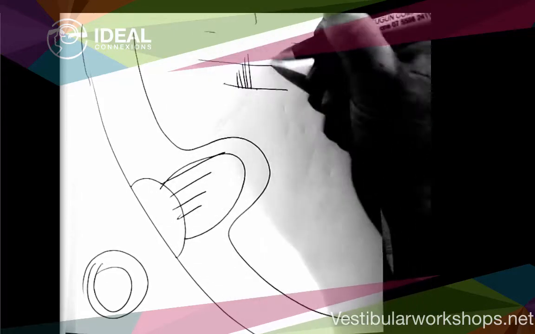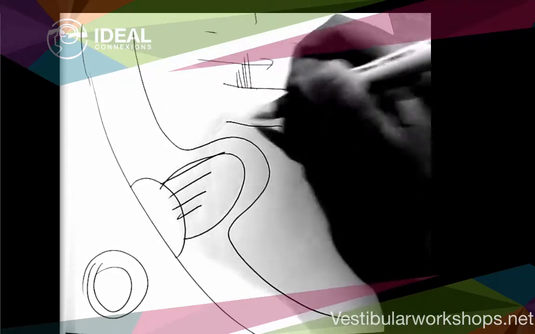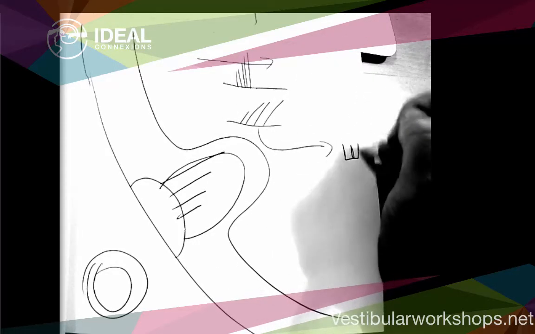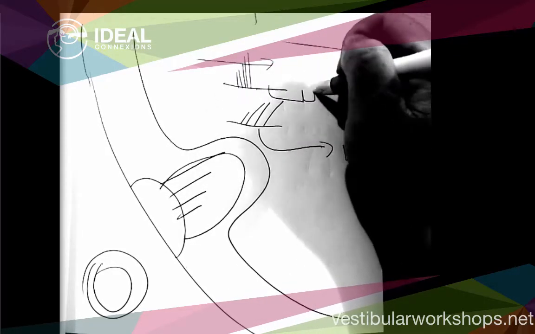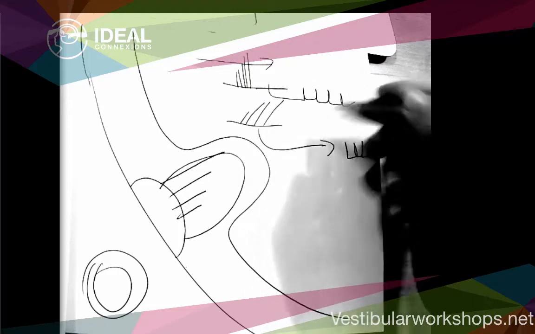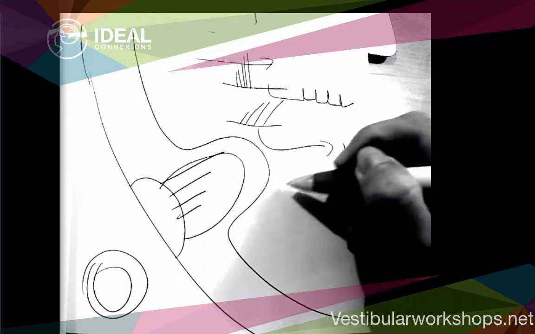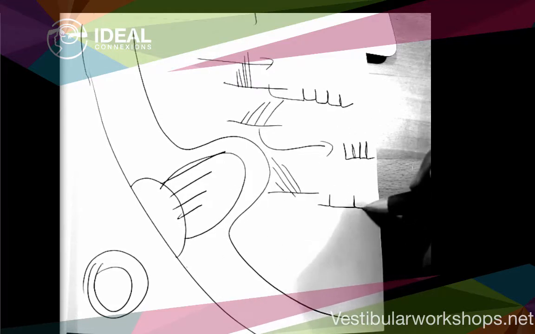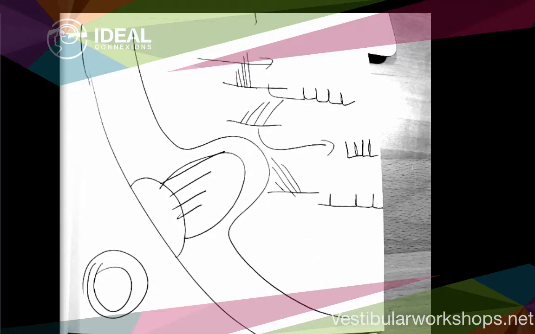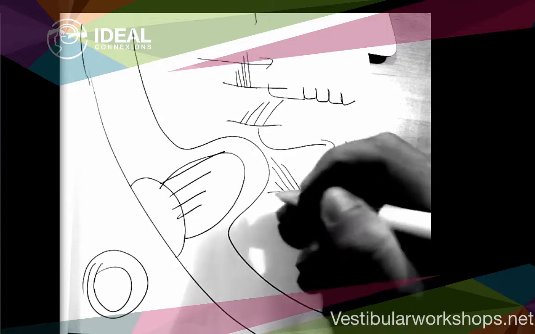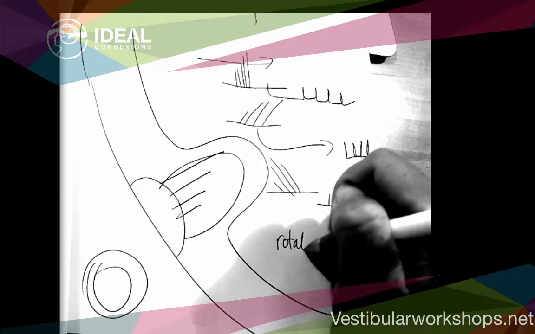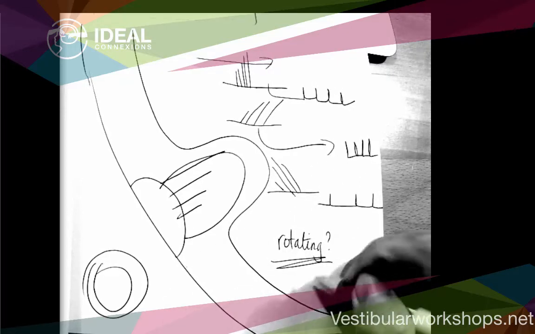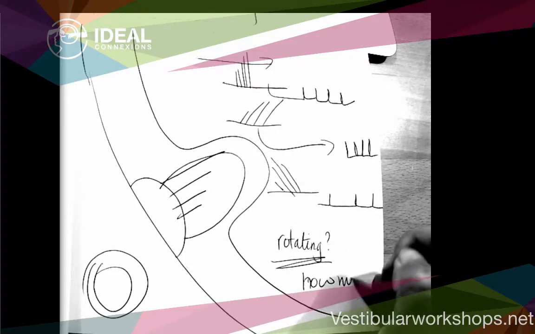Now, if you have fluid that goes this direction, you're going to get them looking more like this. And that's going to increase the signal. So your normal signal is this, increased signal will be this. You go another one down, go back the other way, and you simply decrease the signal. And that signal goes into the brain and pretty much gives you an idea of, are you rotating? And how fast or how much.